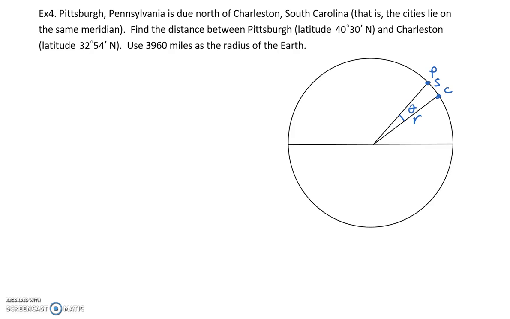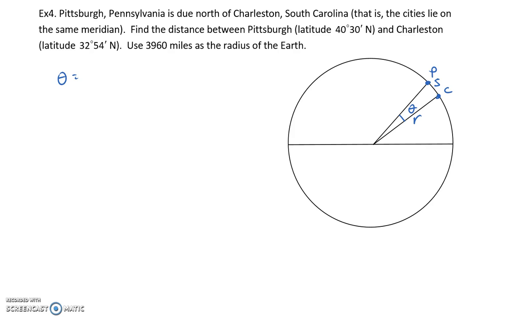Now that central angle will have to be expressed in radian measure, so we'll have to convert over to radian measure at some point. To figure out what theta is, we take the difference in the latitudes.